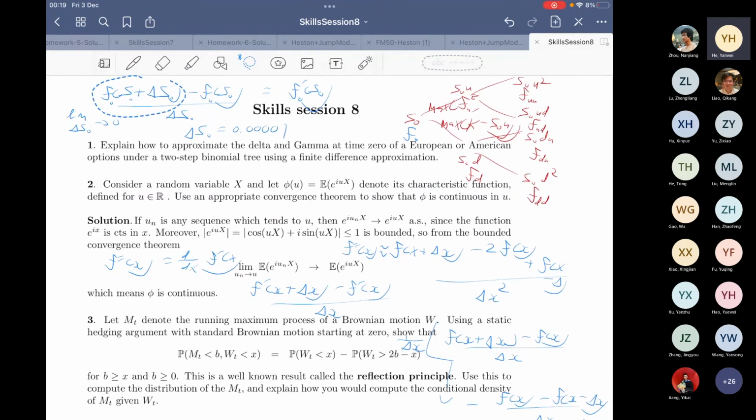It would be f0, the initial option price, viewed as a function of the initial stock price, but you would bump up by delta S0 for some small value, 0.01, and then use this finite difference formula. So it's f of x plus a small change in x, minus 2 lots of the original value of f of x, plus f of x minus dx, divided by dx squared. I think the dx is missing there.